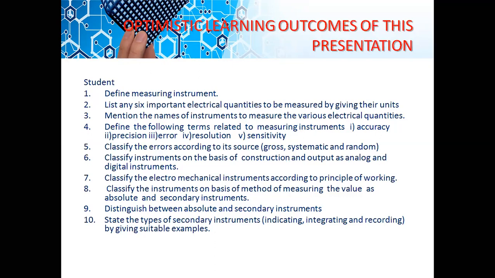You should be able to define accuracy, precision, error, resolution, sensitivity, and classify errors according to its source, classify instruments based on construction and output, and classify electromechanical instruments according to principle of working, and classify instrument based on method of measuring the value, like absolute and secondary, and distinguish between absolute and secondary instruments, state different types of secondary instruments with suitable examples.